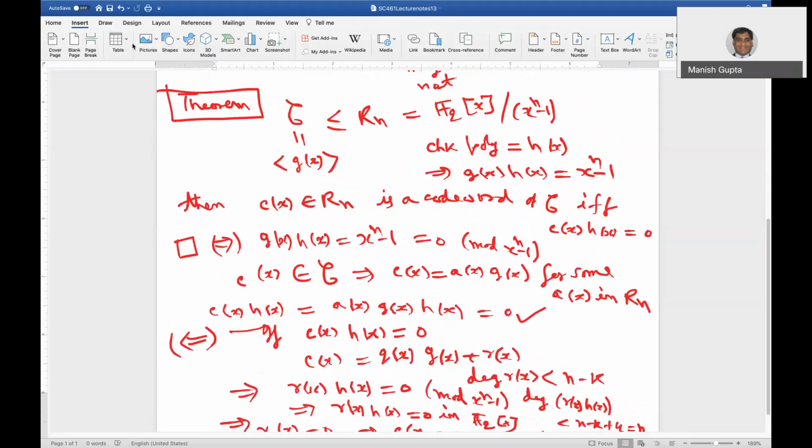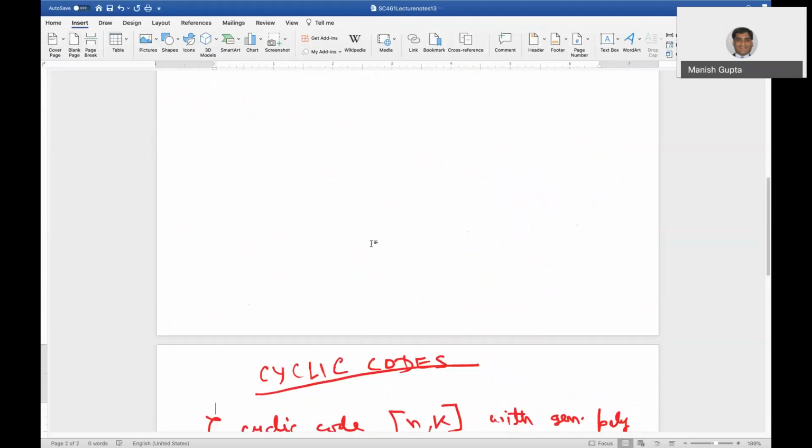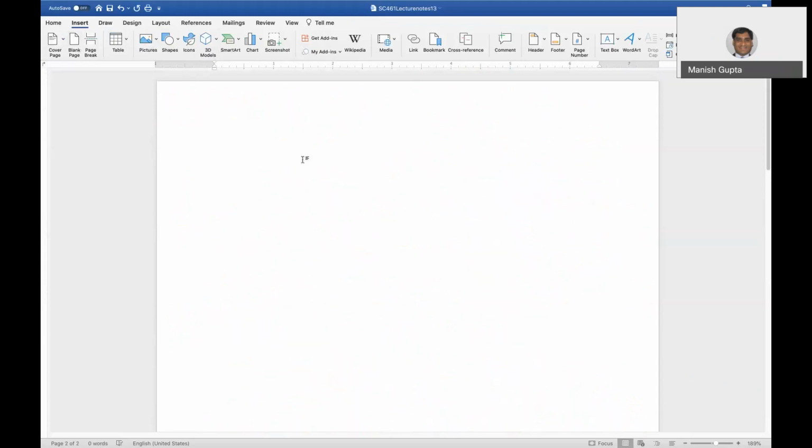Note that the dimension of the code generated by h(x) is n minus k, which is the same as the dimension of C perp.